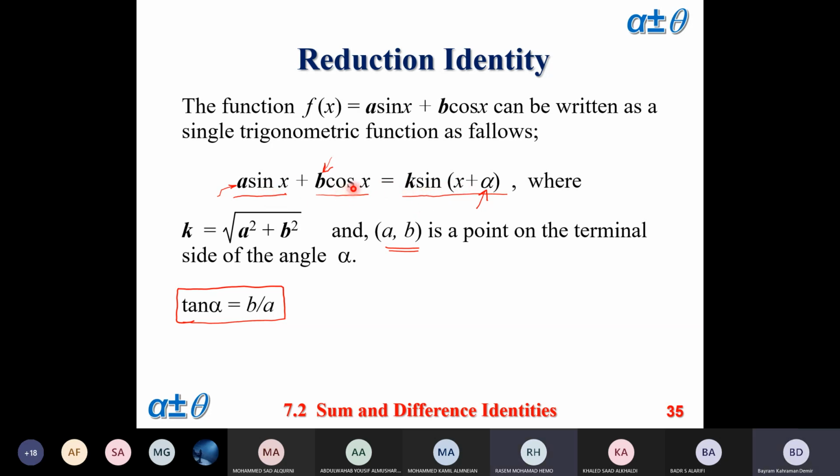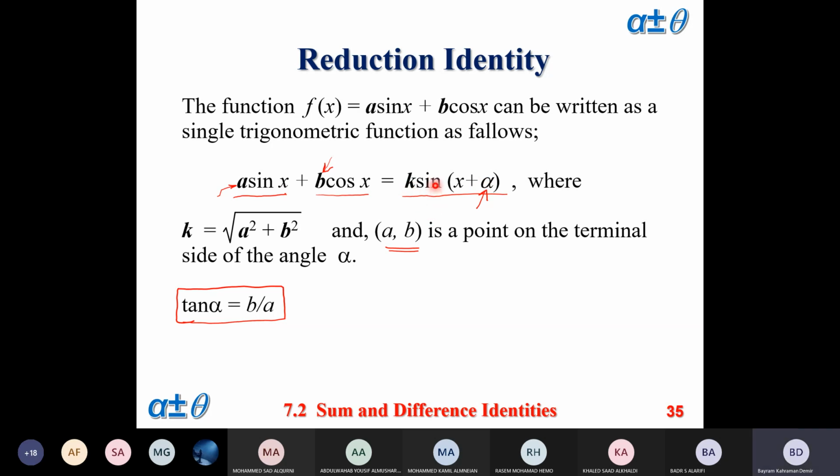This is making the sum of two functions a single sine function. You see, we are reducing the number of functions to one. Instead of two functions, we are using only one function with some difference, x plus alpha here, and k here.